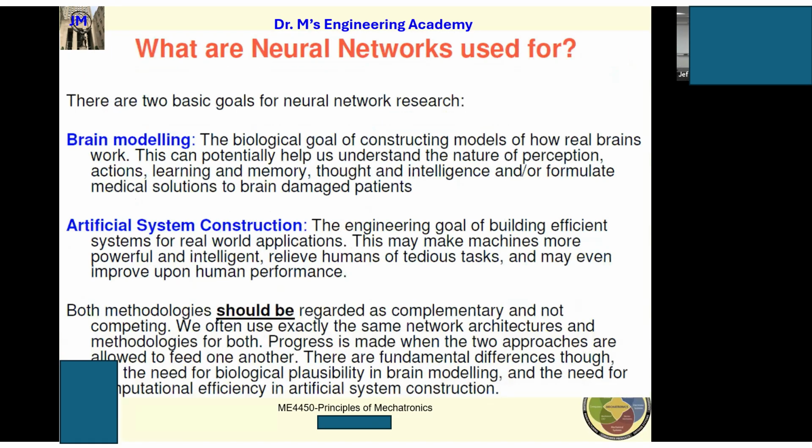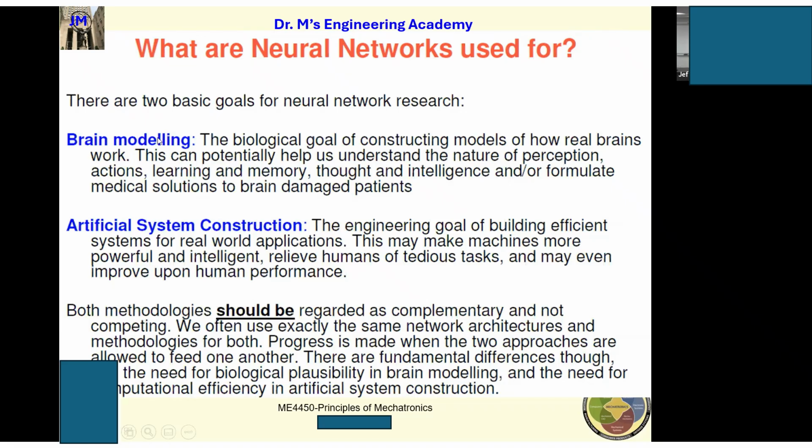So what are neural networks used for? The first one is brain modeling, right? The biological goal of constructing models of how real brains work, and this can potentially help us understand the nature of perception, actions, learning, and memory, and thought and intelligence, and/or formulate medical solutions to brain damage in patients.